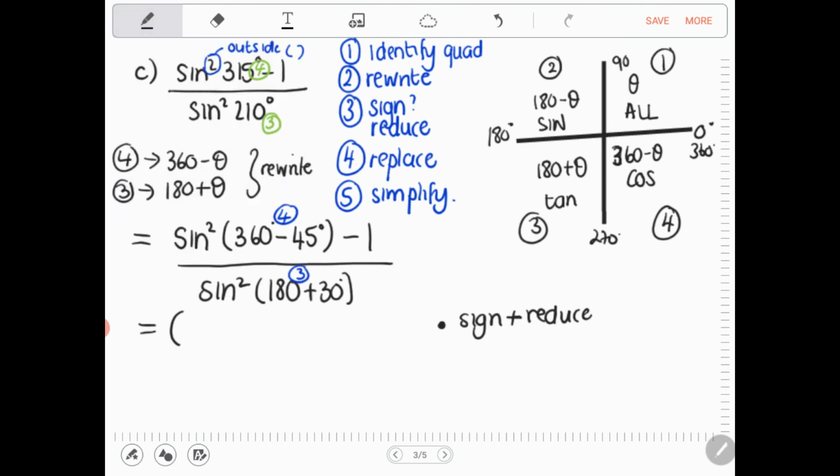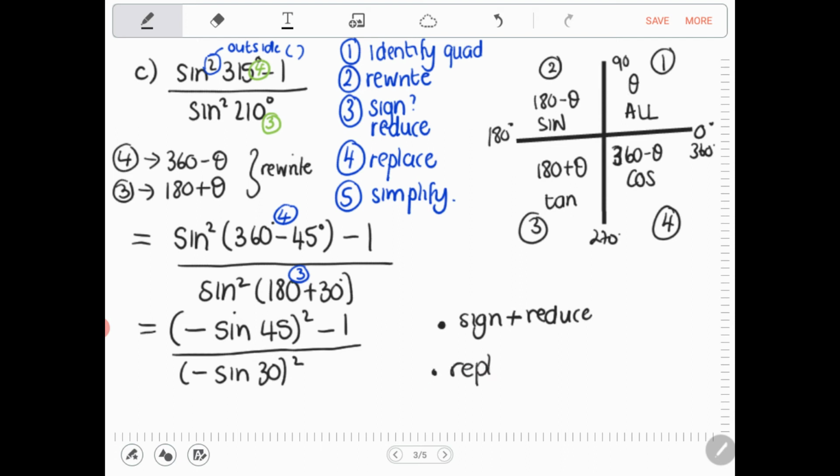Okay, so sine in the fourth is negative. So it's negative sine 45 squared. You reduce your acute angle, minus 1. And at the bottom, sine in the third is also negative sine 30 squared. Okay, replace.